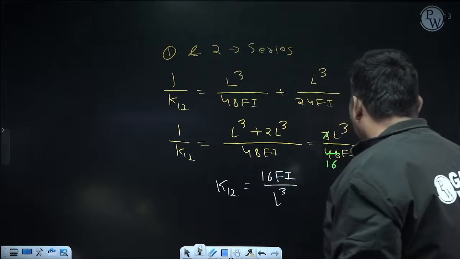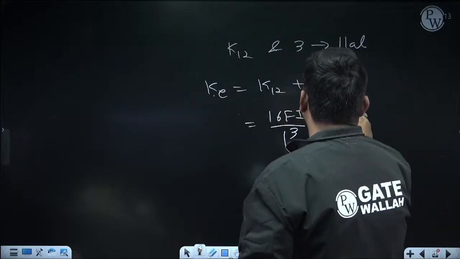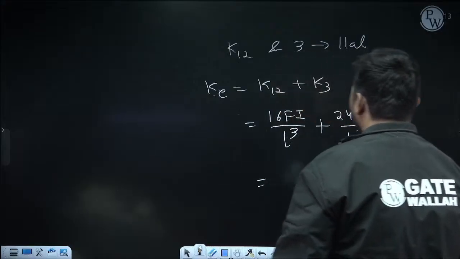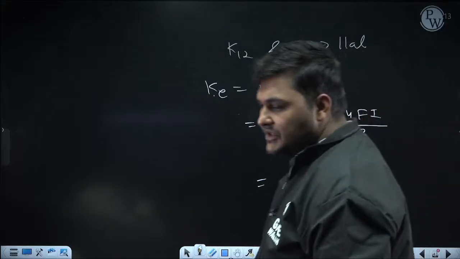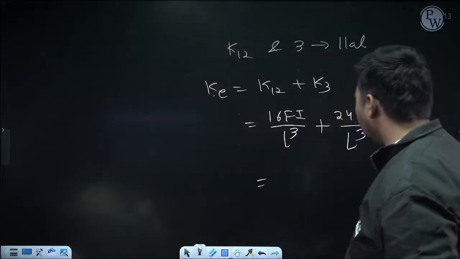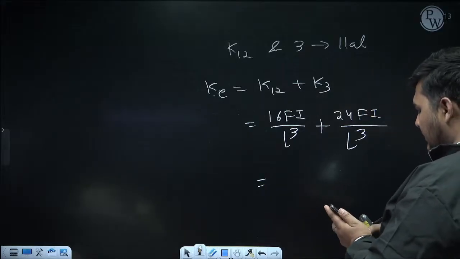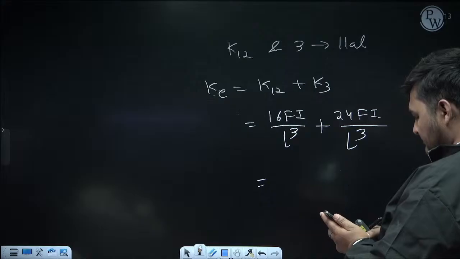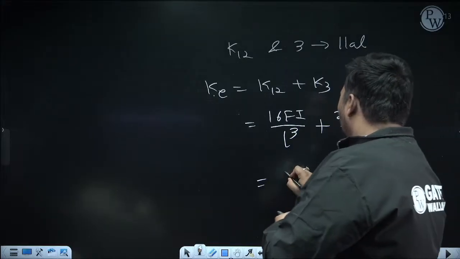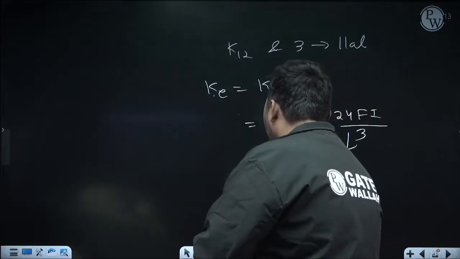And K3 means stiffness of this spring, which is 24 EI upon L cube. So it will be 24 plus 16. Calculation is your part. Just add them. It is coming 40 EI upon L cube. So this is overall K equivalent.